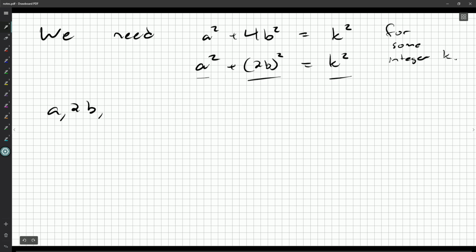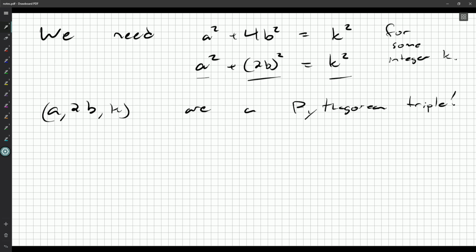A, 2b, and k are a Pythagorean triple. So that's kind of interesting. There's a Pythagorean triple being hidden in here because I know a and b have to be integers, so a and 2b are integers, and we need this k to be an integer.